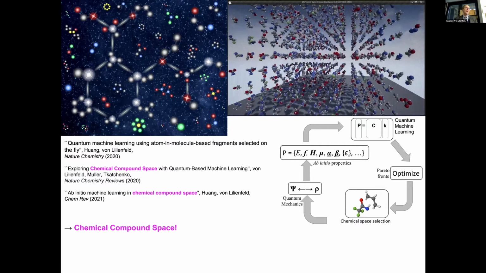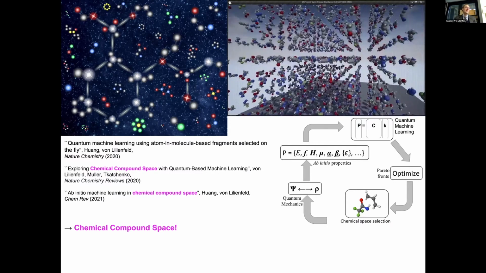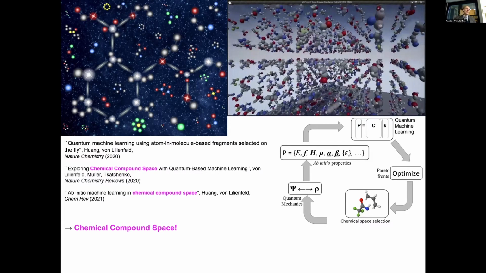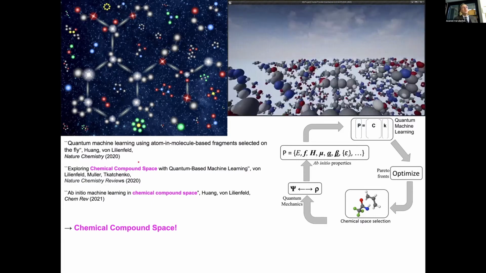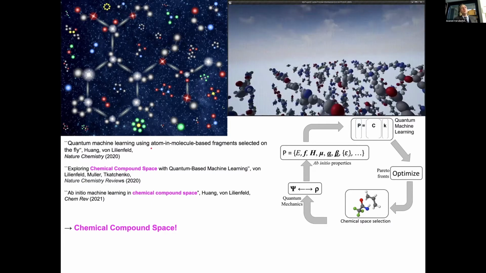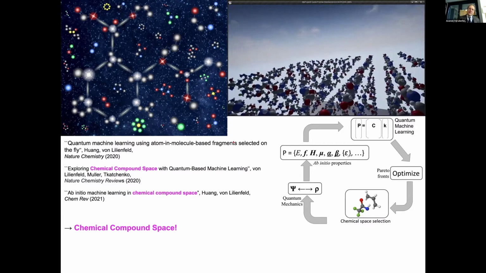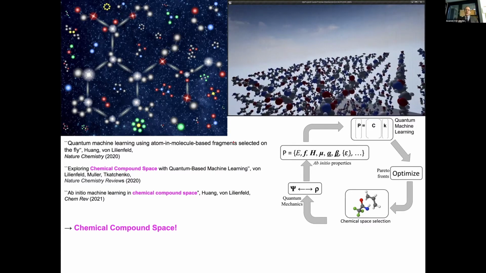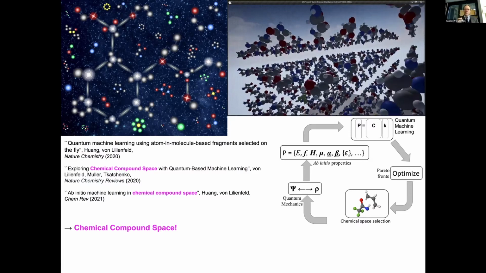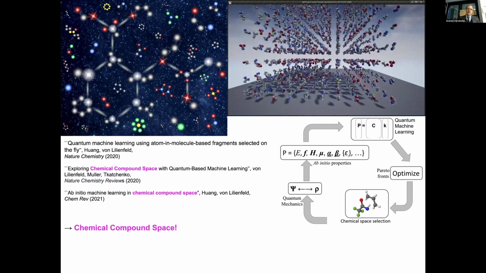Here's a paper in 2020, which I think is quite important. We introduce here a dictionary of small fragments, which you can use to then predict larger query compounds that can be composed of these fragments.